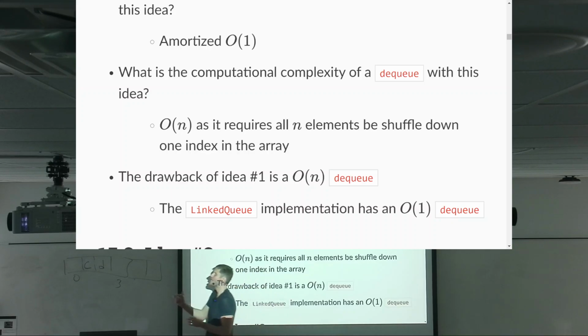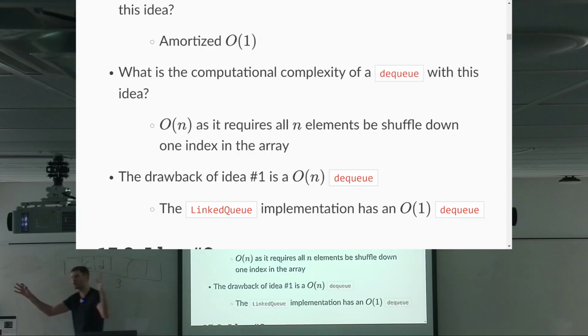Now, in the big picture of the list of computational complexities, linear, not so bad, right? We're pretty happy with linear. But look, we just saw a linked implementation that had a constant time dequeue. And if you're given the choice between a constant time and a linear, you take the constant time.